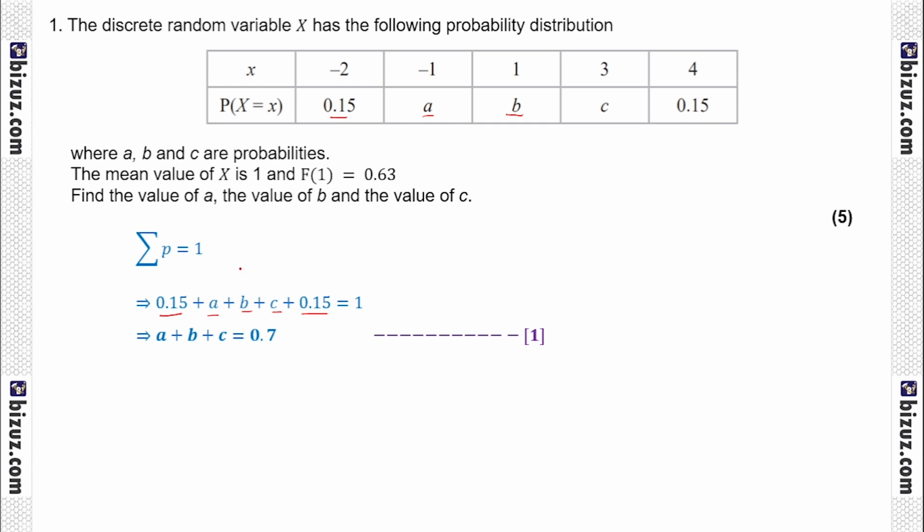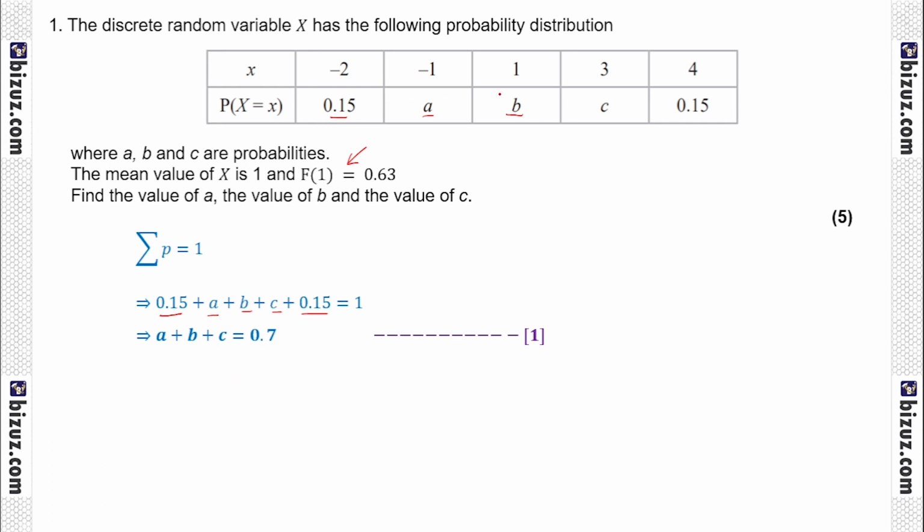Now, we also have some more information. Let's first use this one, just because I feel that this will be simpler, because this cumulative probability is the sum of these three, so that's two unknowns right there. However, the expected value probably has all three of the unknowns. So since this is simpler, let's do that one first.